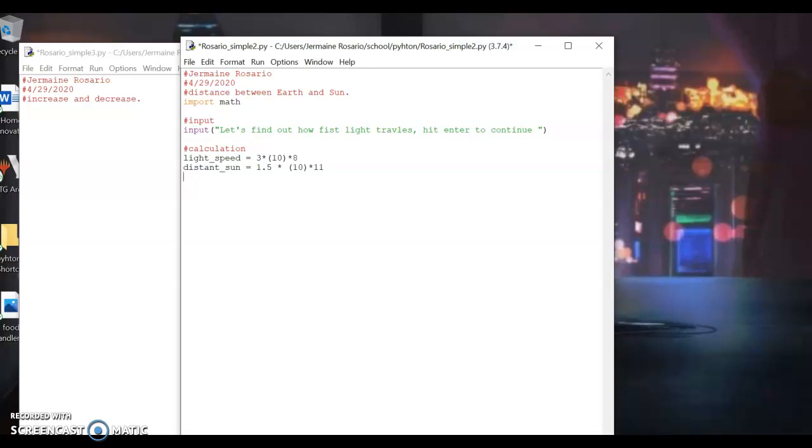And then, so our total is light speed and distant sun.